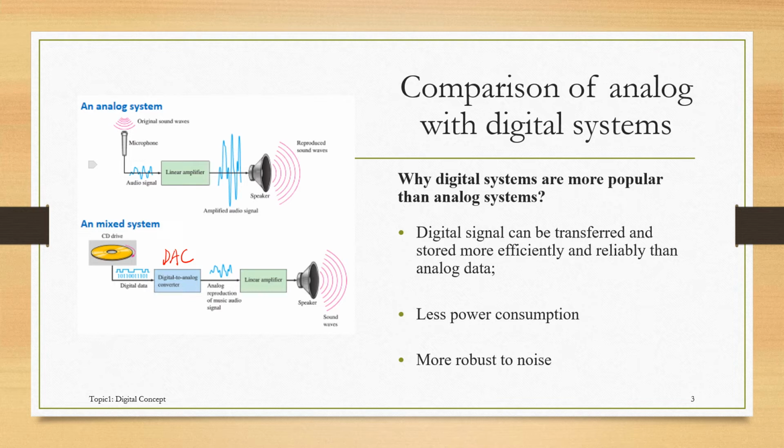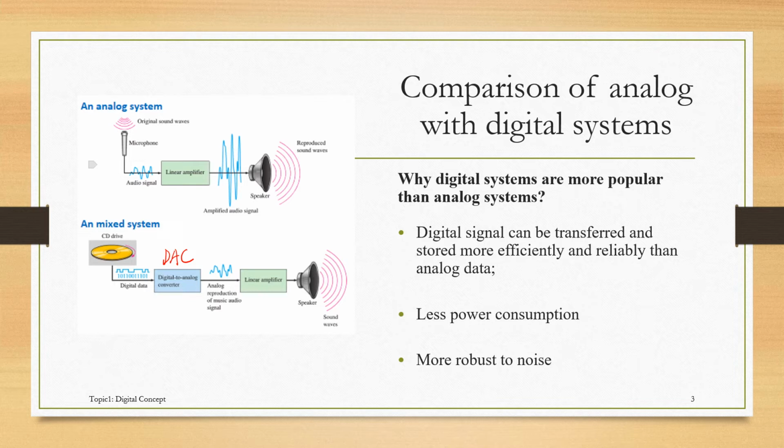Second, digital systems usually consume much less power than analog systems. Finally, digital signals are generally more robust to noise than analog signals.